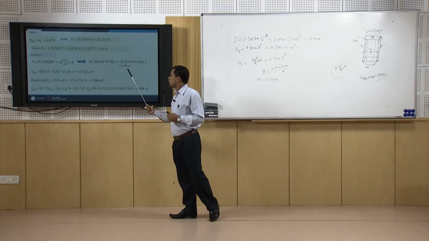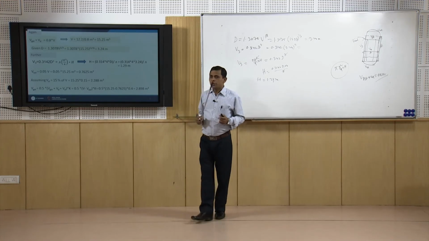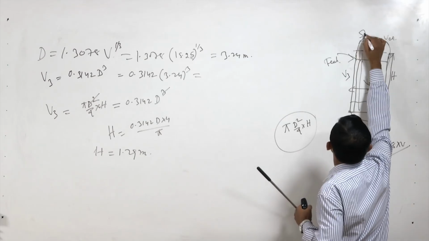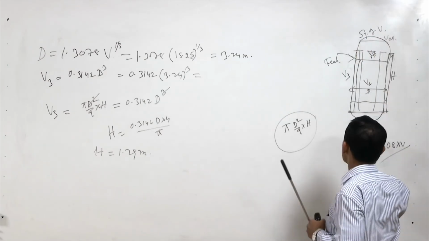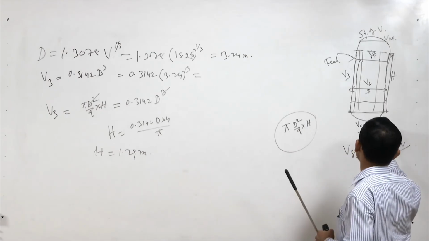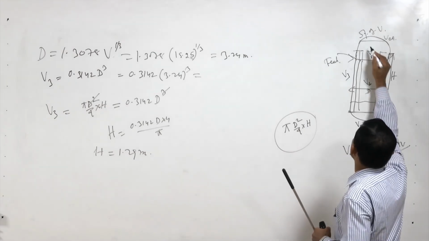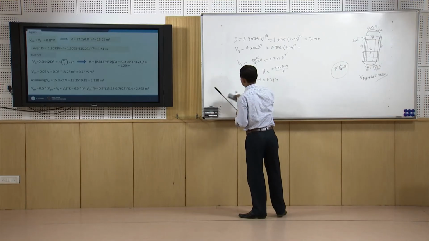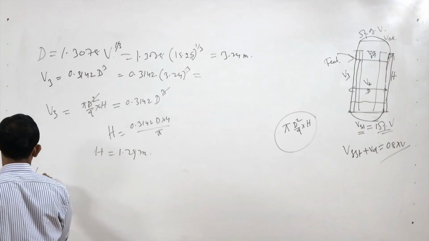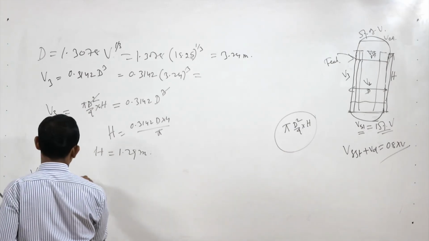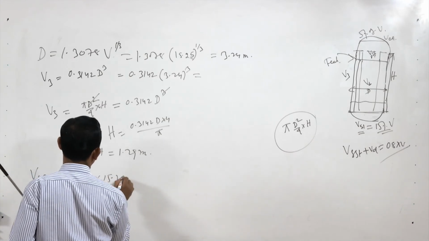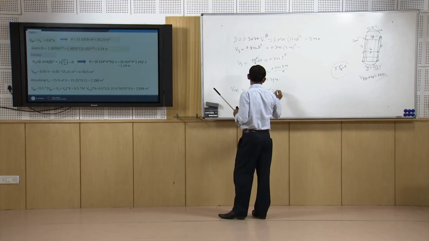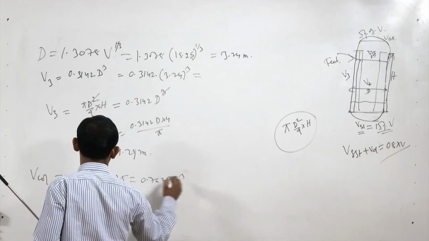Now we have got the value of H. Now we need to calculate the V collection, which is 5% of V. The sludge volume is 15% of V. So V collection is equal to 0.05 into 15.25, which is 0.7625 meter cube.